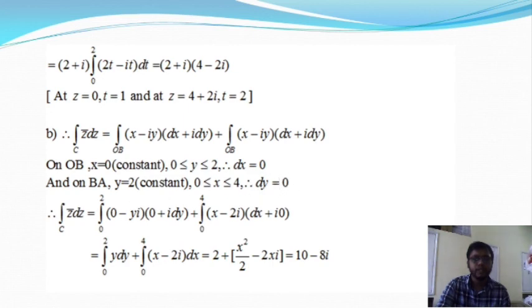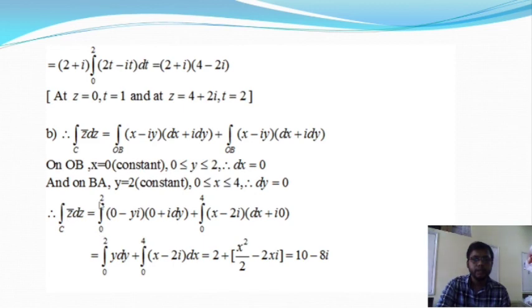So the derivative of y is 0. That is, on the straight line BA, dy is 0, and on the straight line OB, dx is 0. Therefore this integration is reduced.